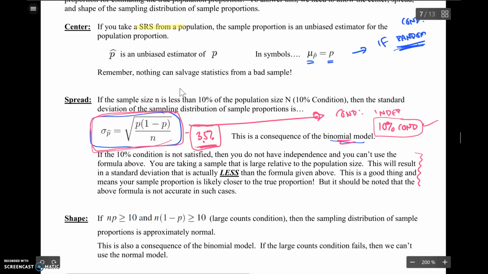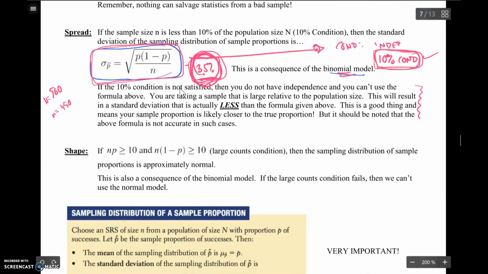If you have 500 people in the population and you survey 450 of them, the spread of your statistic is much smaller than the formula predicts. That's a good thing, because your estimates are better than you would think. So it's not a bad thing to fail the 10% condition; it just means this is not a good estimate. We'll leave it at that.